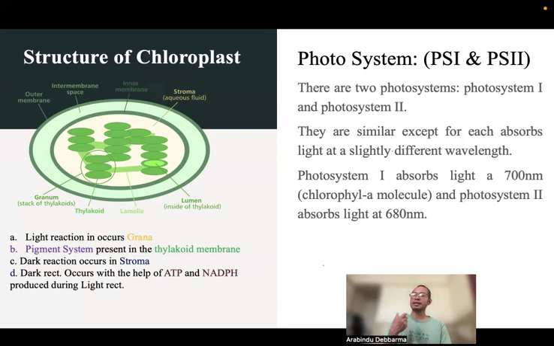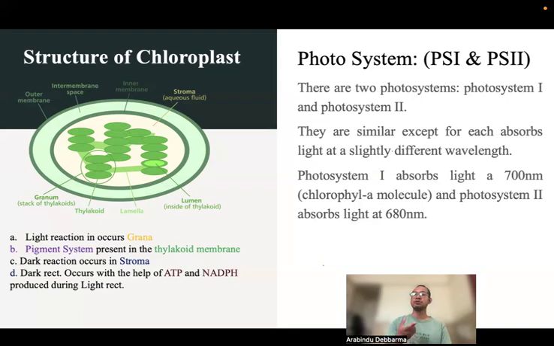discoveries done by the scientists. Before they knew about photosystem 2, they had already studied photosystem 1, where they knew that light at 700 nanometers was being absorbed, electrons were being produced, and they help in the photosynthesis process.